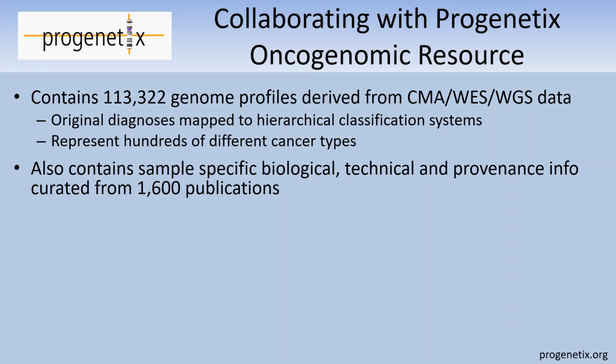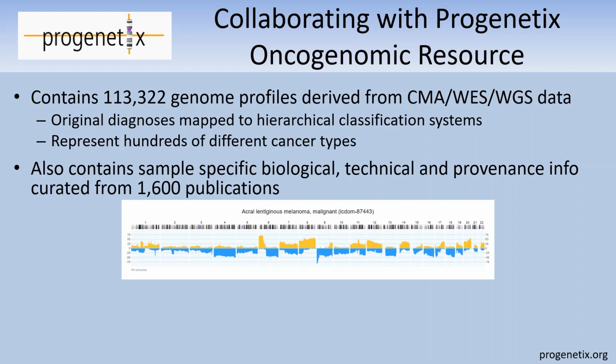Related to data visualizations, we are currently collaborating with the Progenetix Oncogenomic Resource. This contains over 113,000 genome profiles based on sequencing and CMA data, which has been mapped to specific diagnoses using hierarchical classification systems, and it represents hundreds of different cancer types. They've also curated some data from publications.